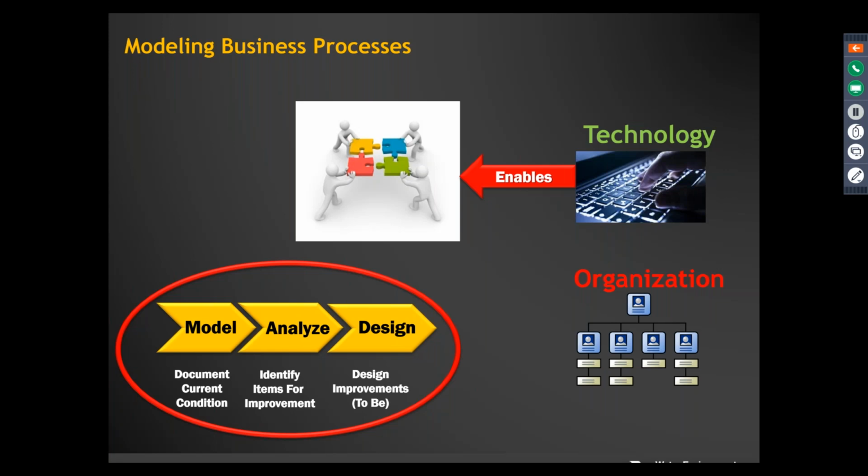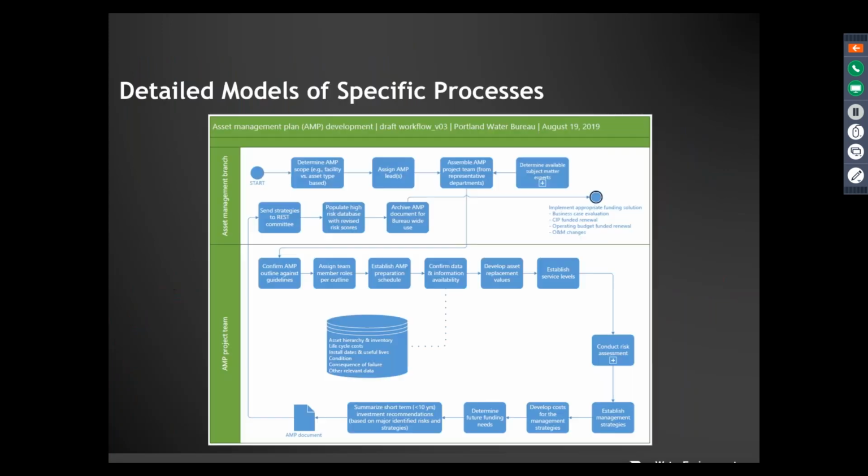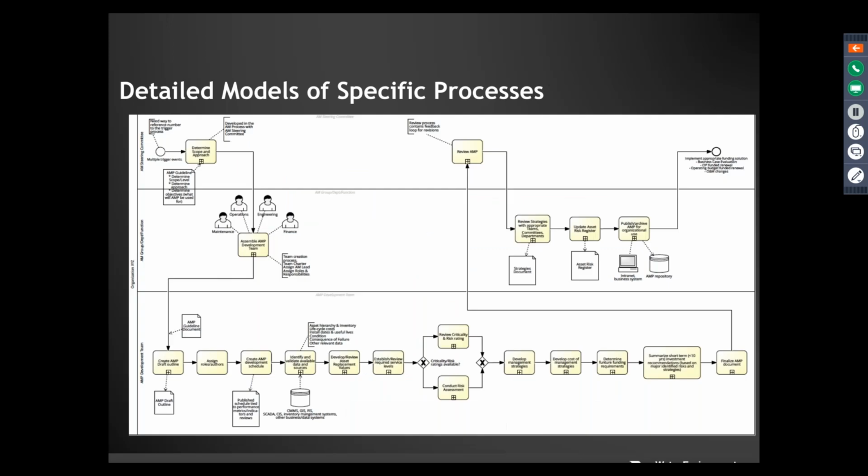And utilizing a methodology to understand your as-is processes or even to start mapping your processes is just kind of a first step to that improvement. Here's an example of a business process model. It was developed by the Portland Water Bureau. And Portland has a very mature asset management plan development program. And their process was chosen.